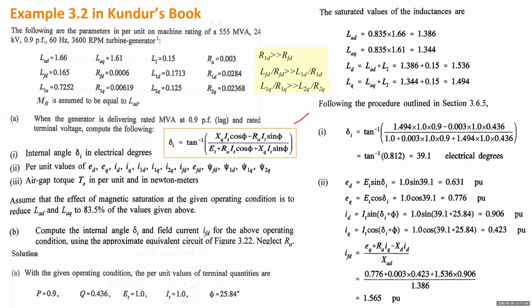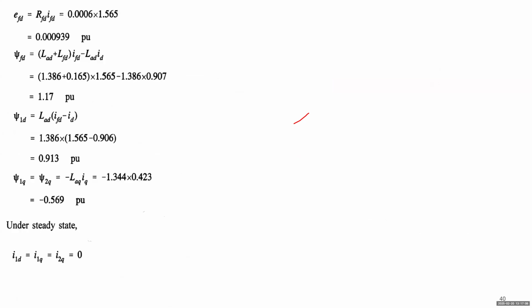So the last one is just IFD. It's a field current. So those are basically just from that slide with all the equations for static condition. And under static condition, all the damper winding currents are 0.